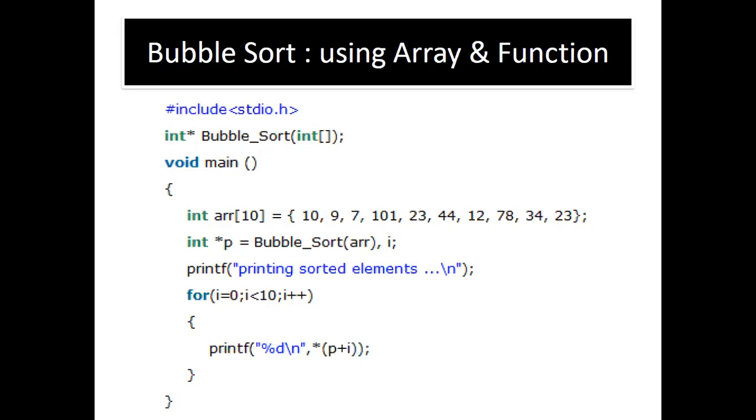This function prototype says that it's going to return an address. So you are considering bubble sort as a function pointer because it is going to return a value for the first time. Once we see the example, we will see what kind of value is returned.